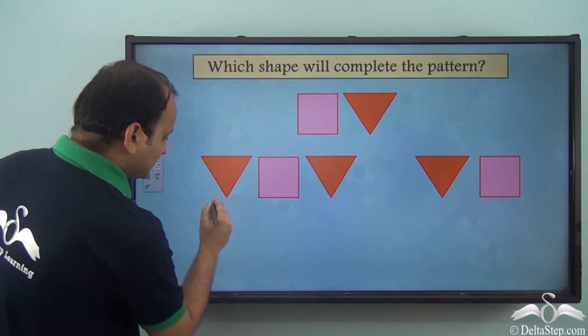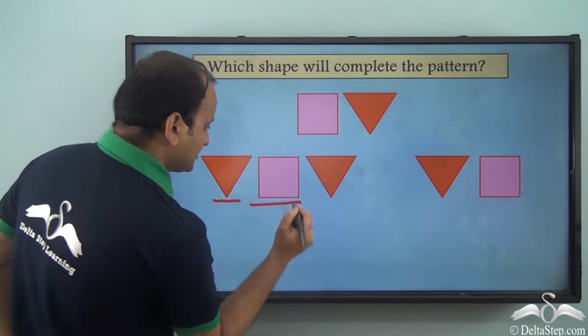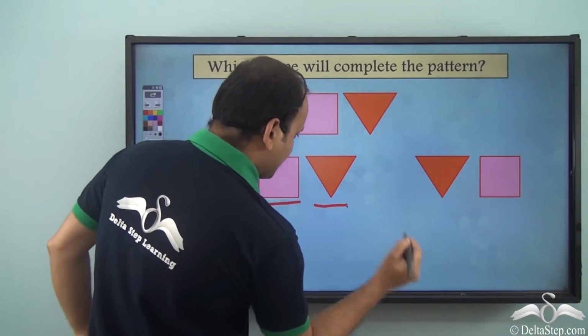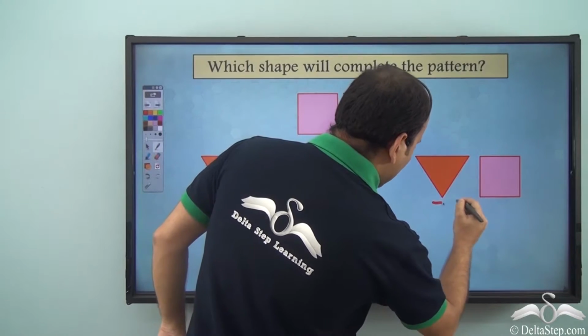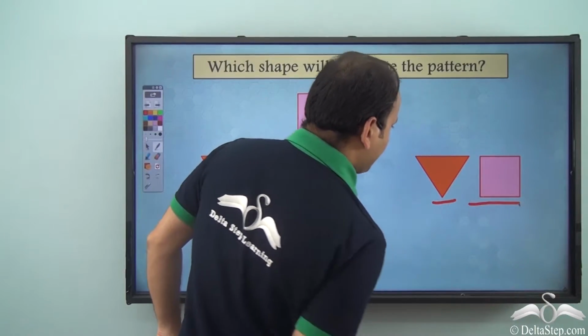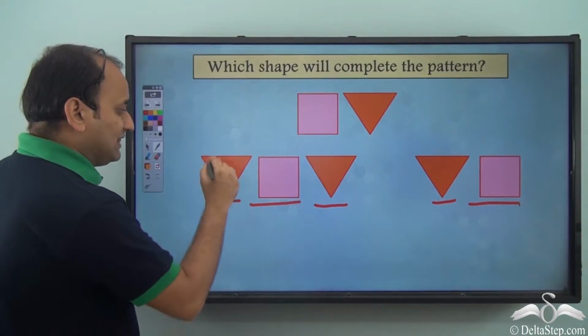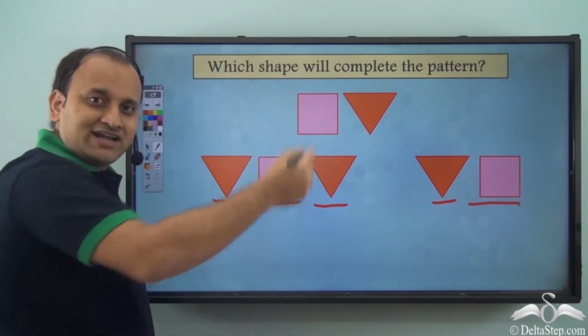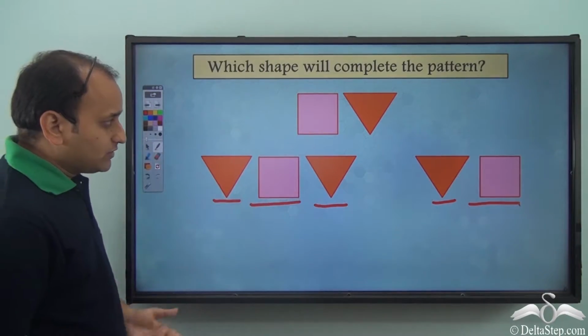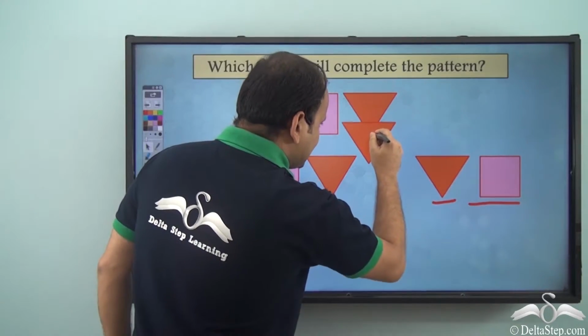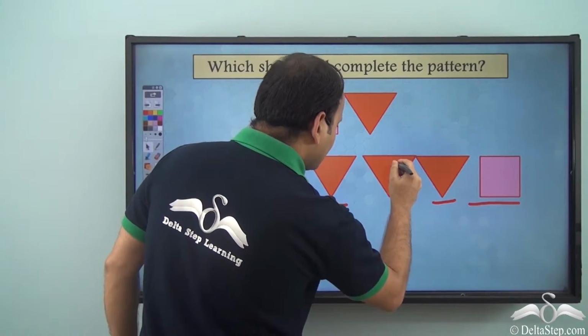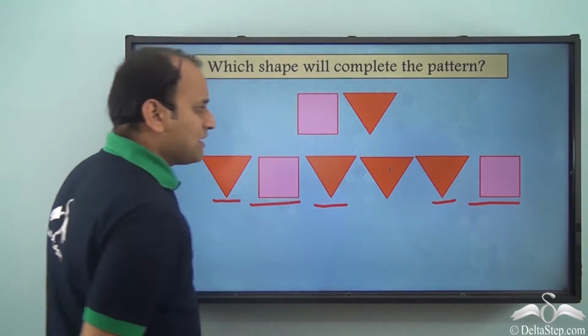Well, we have this shape, and then this shape, then this shape again, then we don't have a design here, and then we have this shape and this shape again. So what do we see? Well, these shapes are alternating one by one. So if I place this design here, will it give me a pattern?